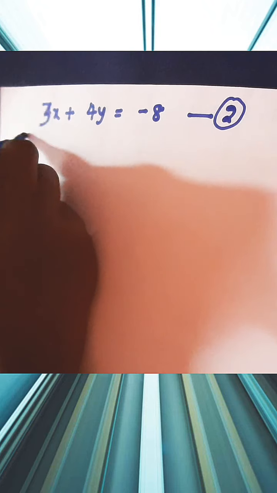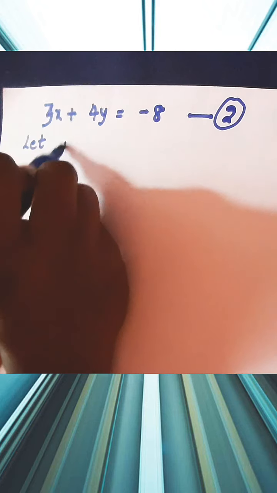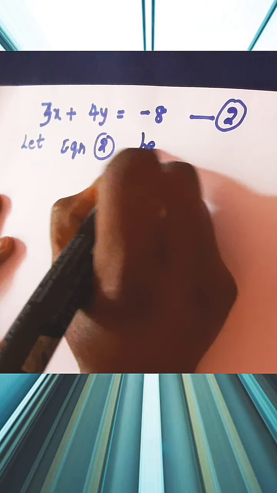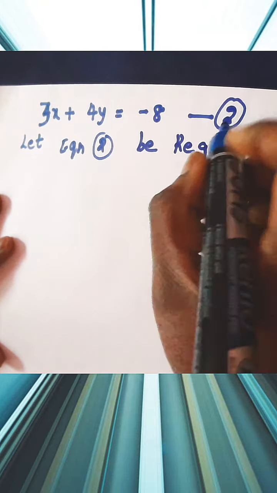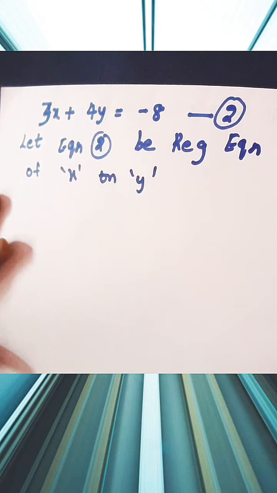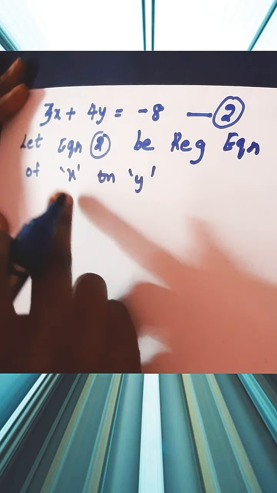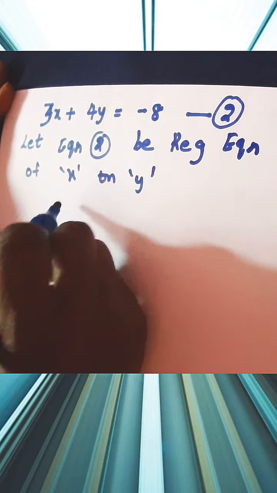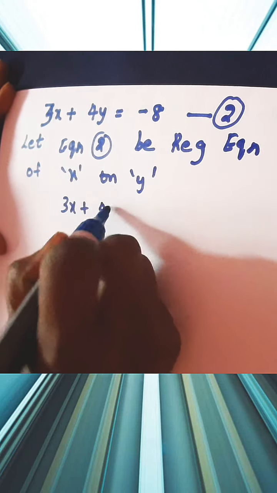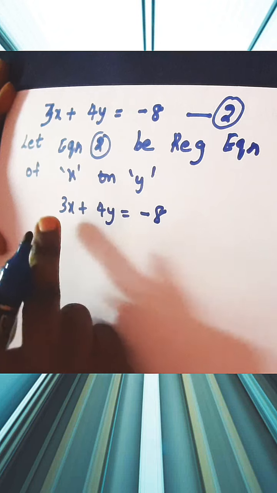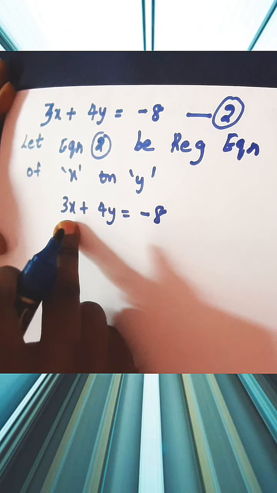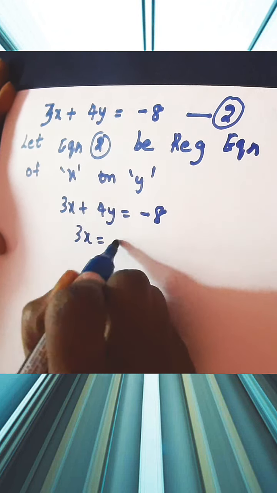Let equation 2 be the regression equation of x on y. X on y means x will be the dependent variable. We'll take 3x plus 4y is equal to negative 8. We have to find the equation for x. 3x is equal to minus 8.